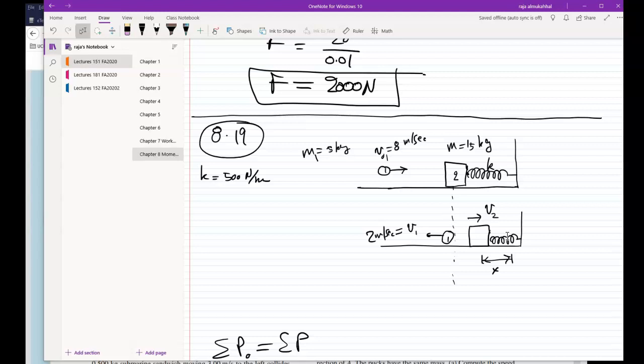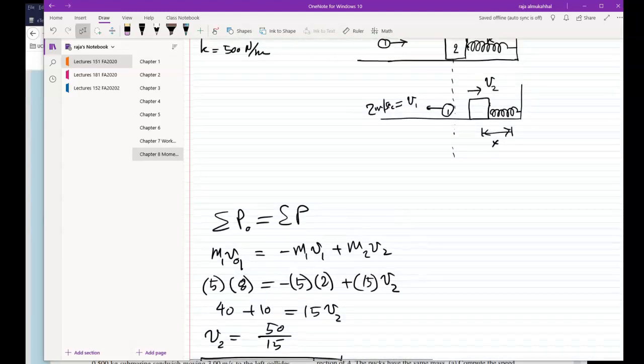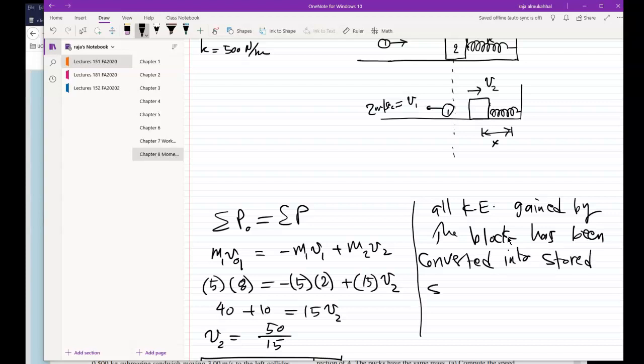So all the kinetic energy gained by the block has been converted into stored, or spring potential, energy.